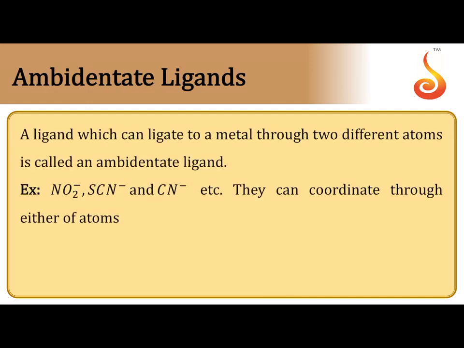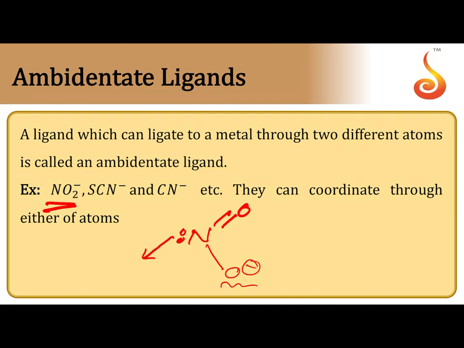Ambidentate ligand: it is nothing but a monodentate ligand, but it has two types of donor atoms. If you take NO2, it has two donor atoms, one is O- and the other one is nitrogen. So it can donate one dative bond; it cannot form two dative bonds. This is monodentate only.